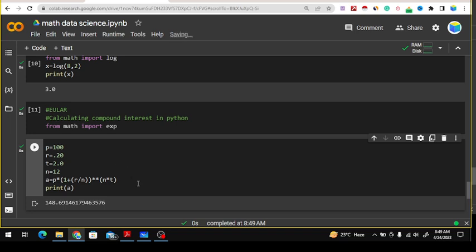So let's see your answer. It's similar to the previous one. If the compound interest is daily, then what happens is that n changes from 12 to 365.